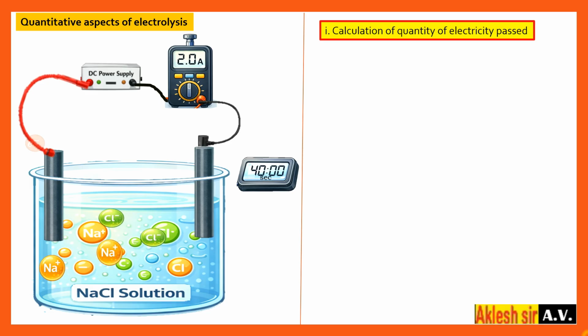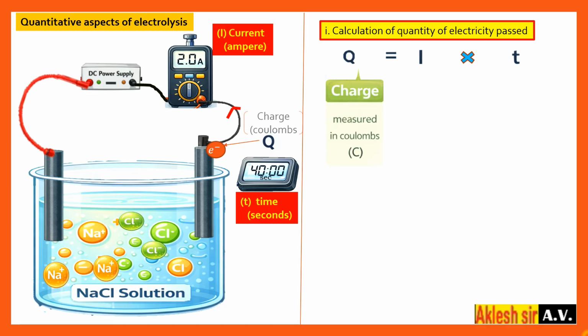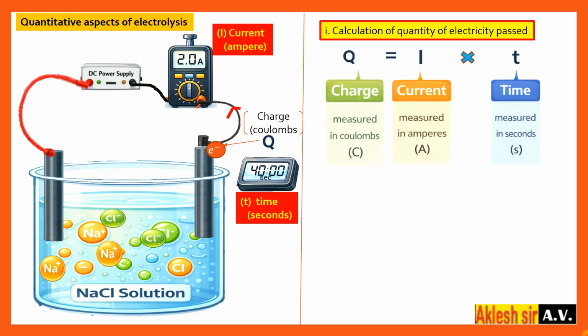To calculate the quantity of electricity, Q, passed during electrolysis, the amount of current, I, passed through the cell is measured. The time for which the current is passed is noted. The quantity of electricity passed during electrolysis is calculated using the formula Q equals I multiplied by T, where Q is charge measured in coulombs, I is current measured in amperes, and T is time measured in seconds.